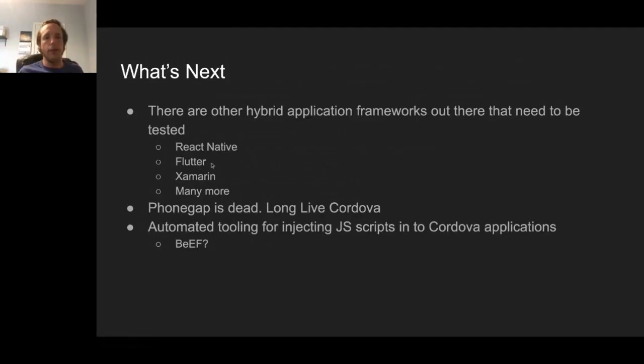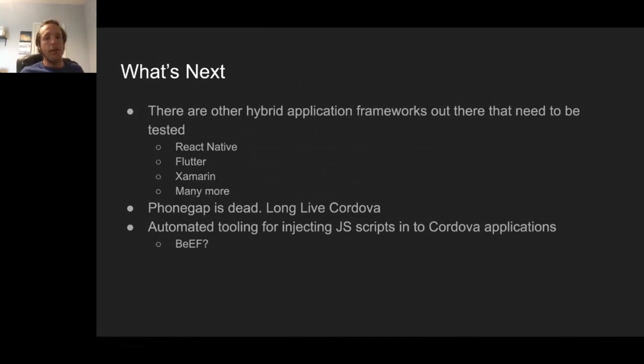If you come across one of those and they don't want to give you the source code, good luck. Flutter uses a weird virtual machine technology. It's quite complicated. But there are a lot of frameworks for making hybrid applications because they're trying to solve that problem of how do we avoid having to make two applications that are essentially two implementations of the same thing.